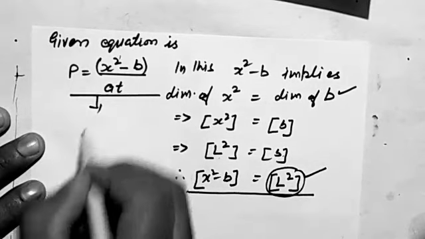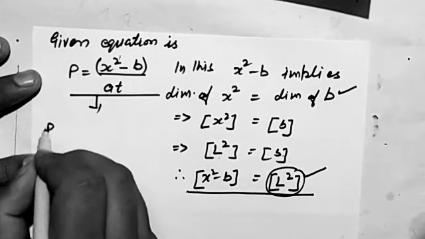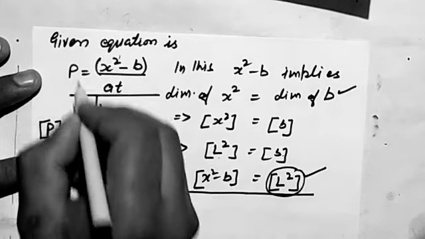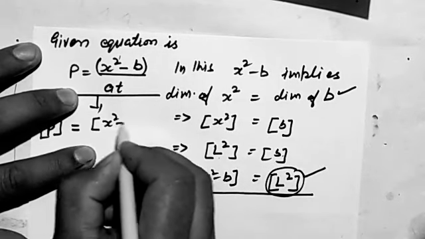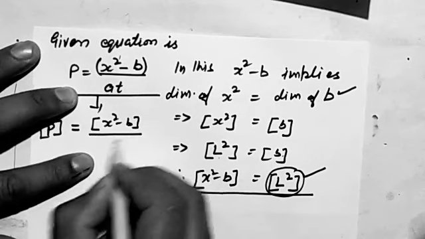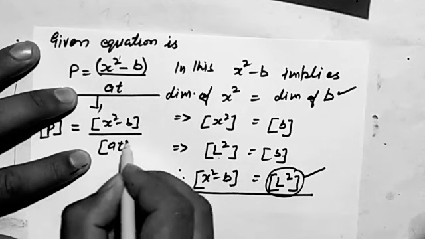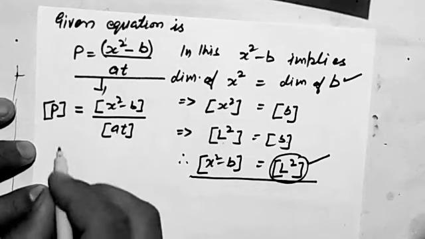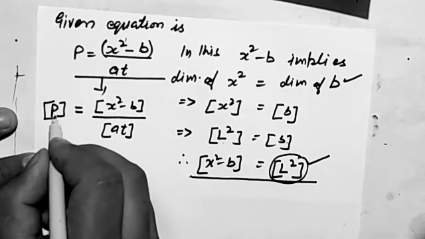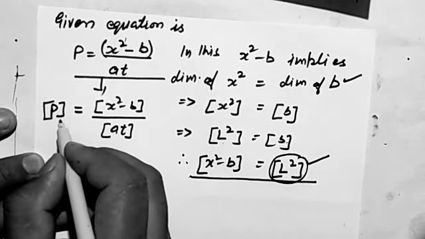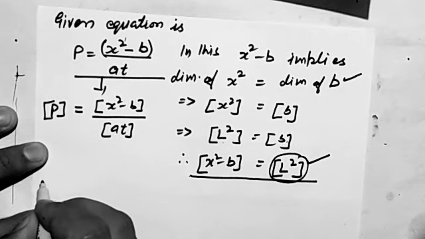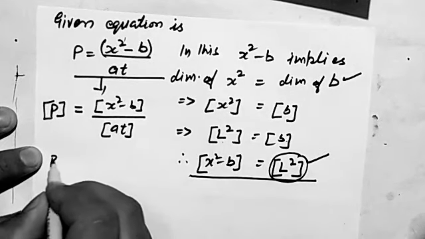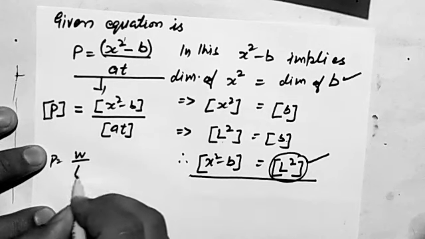So how will we calculate now? This equation implies the dimension of P should be equal to the dimension of x square minus B upon the dimension of AT. The dimension of P, that is power, and the dimensional formula of power you should know. Power is equal to work upon time.